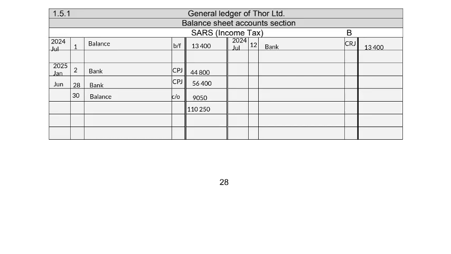On the credit side, 110,250. So 2025 June the 30th, income tax, general journal, 110,250.